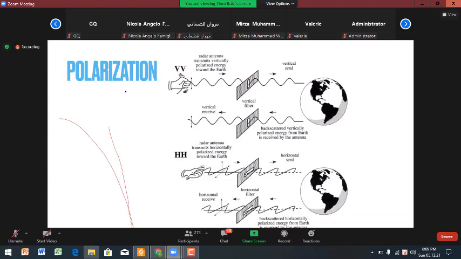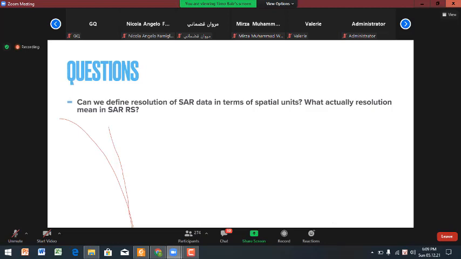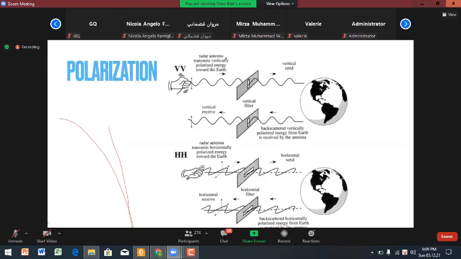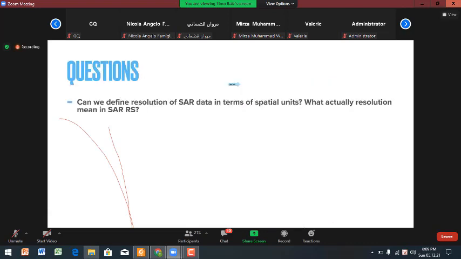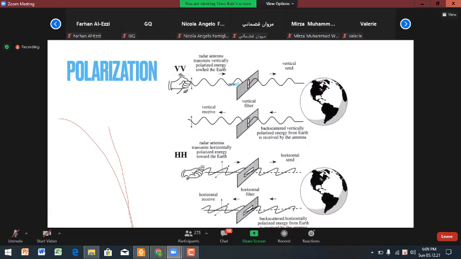So what we are doing is that we send our signal out and then we filter it.